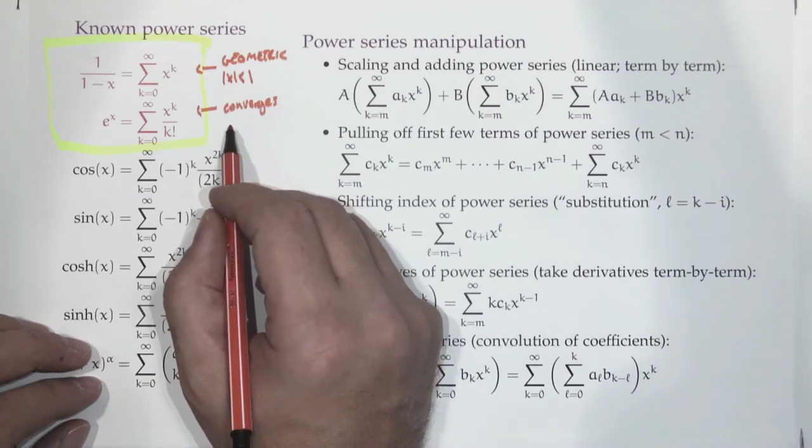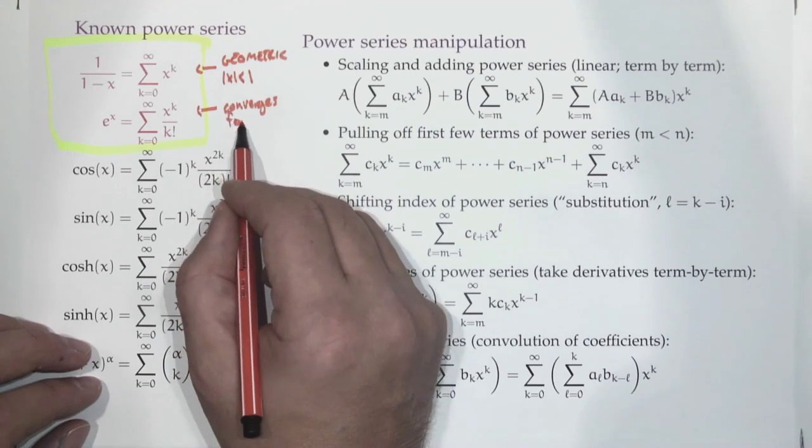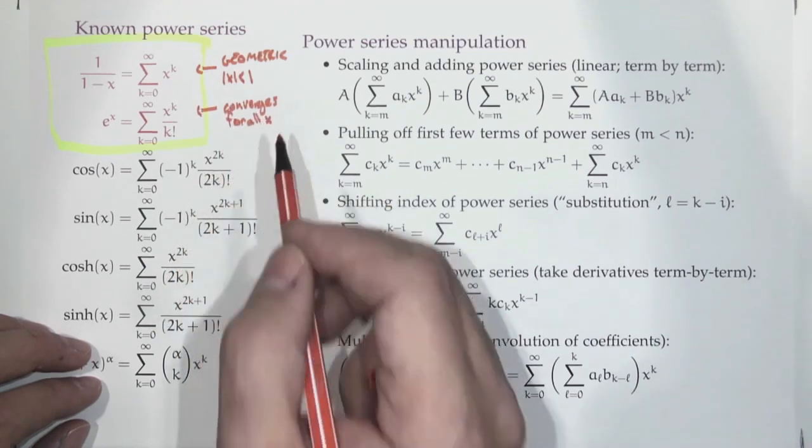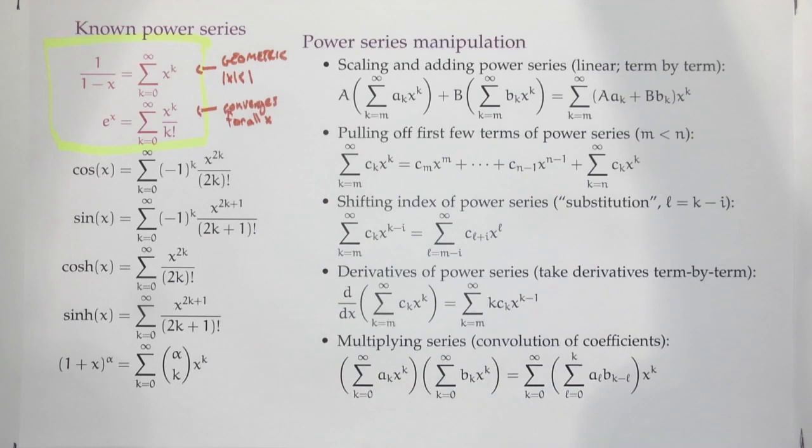I know, Calc 2 was a long time ago. For all x. No matter what x you pick, it always converges. In some sense, this is why we say that factorials are much bigger than exponentials.